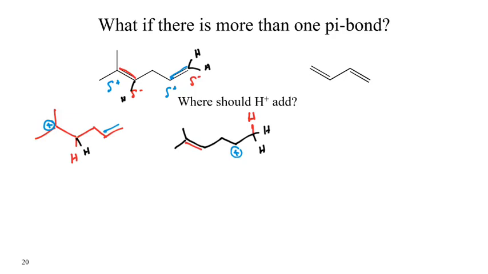So in deciding between these two, which one is more likely for the pi bond to pick up the hydrogen? One analysis that we could use would be that the blue one should react first because it's the most accessible, so it's the most likely to occur.